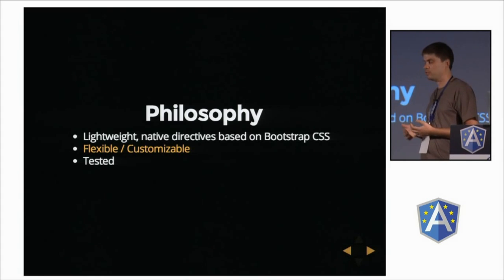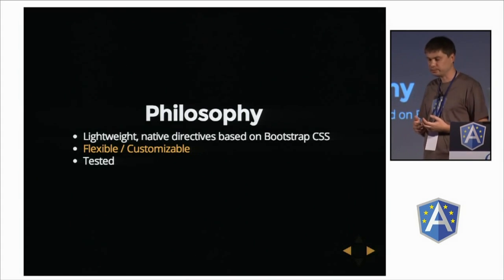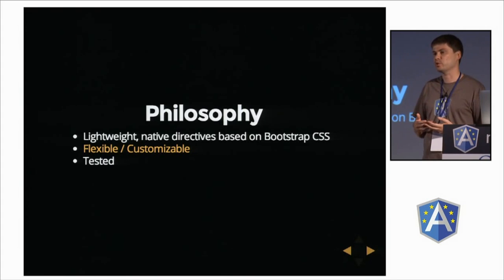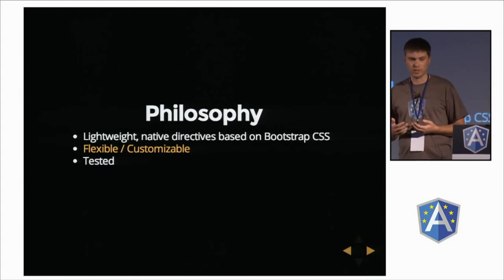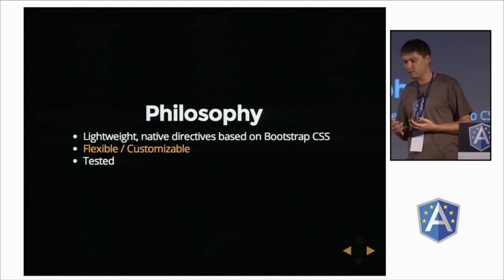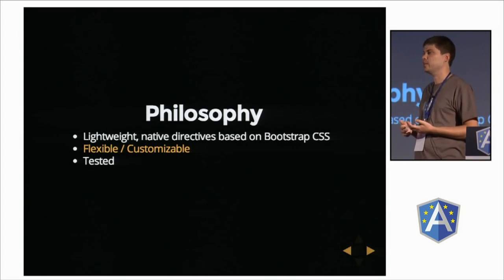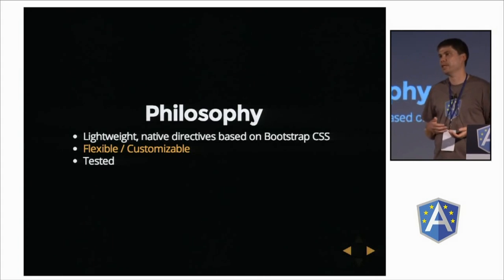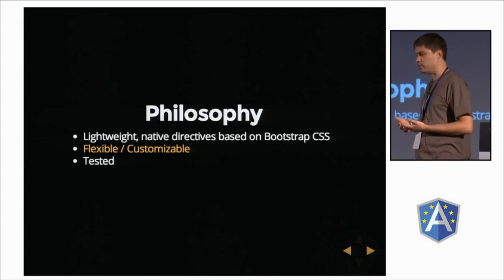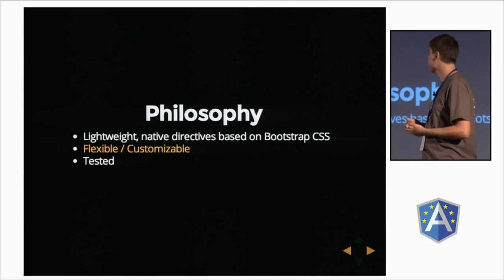In the context of this particular project, it meant that we wanted to just take CSS and the markup structure from Bootstrap and recode all the logic the Angular way. At the time it was pretty controversial. People were saying, okay, you are crazy, we are duplicating the efforts and so on. But there were several reasons why we wanted to do it this way.